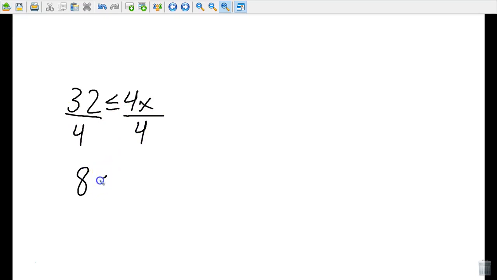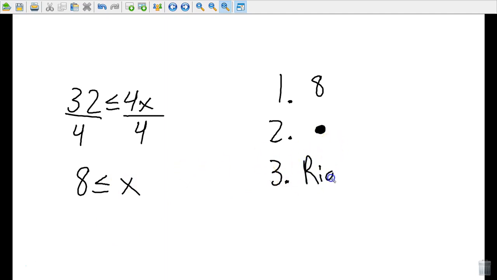And then less than or equal to, 4x divided by 4 would just leave me with x. So step 1, we look at the number. We find it's 8, so we go to 8 on the number line. Step 2, open or closed dot, it is closed. And then step 3, the variable's on the right, so we do the opposite of the arrow. It's pointing to the left, so we would go right. Okay?